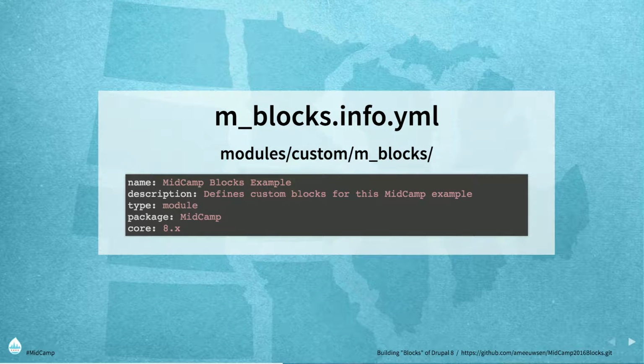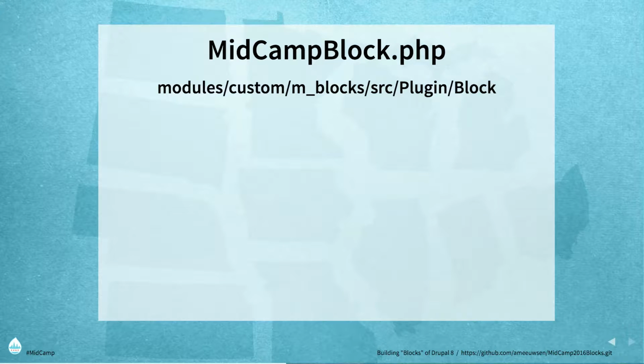Pretty simple. So the next thing is our controller file. Now, everybody gets kind of scared when they hear the word controller if they're not used to object-oriented programming. Fear not. It's very easy. So when you build a block plugin, inside your root folder, in this case m_blocks, there's a folder called src. So you need to have the same capitalization and spelling of this because Drupal is looking for that.